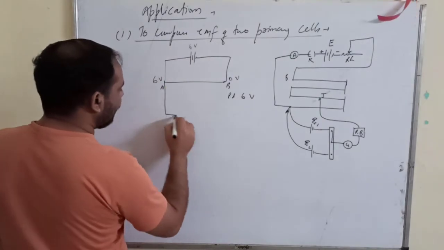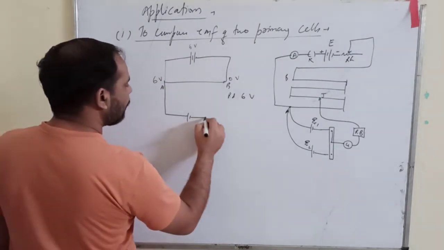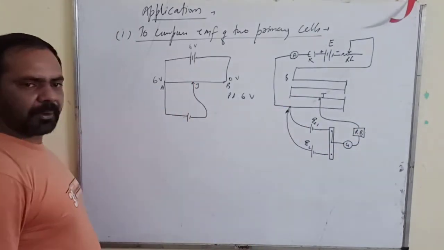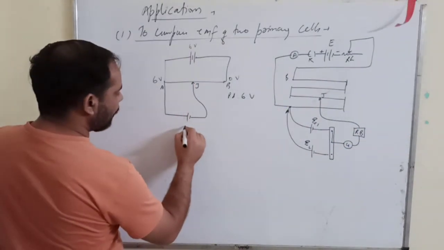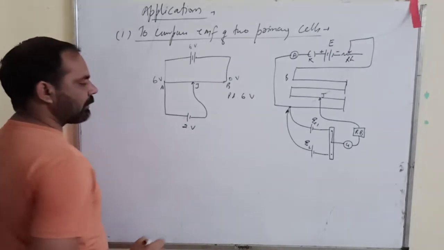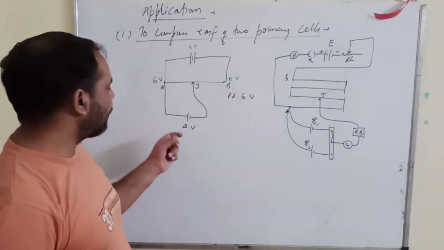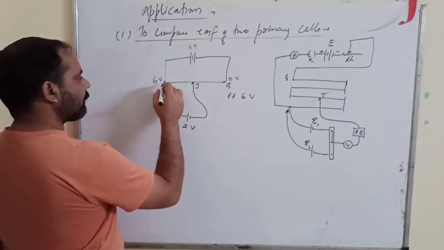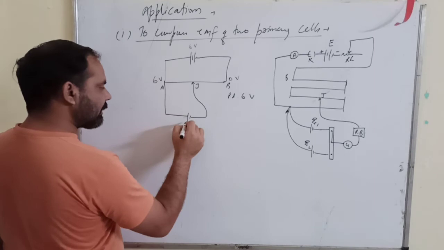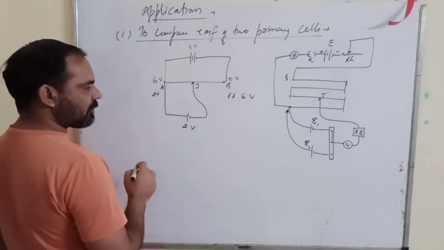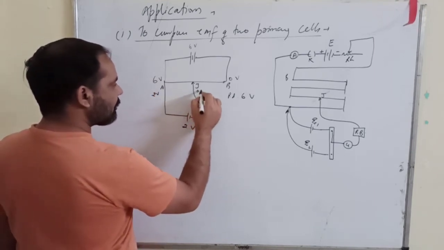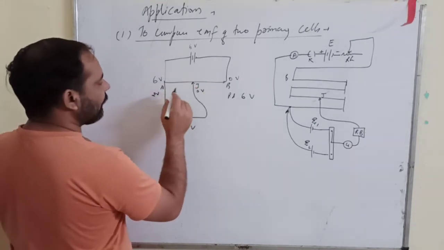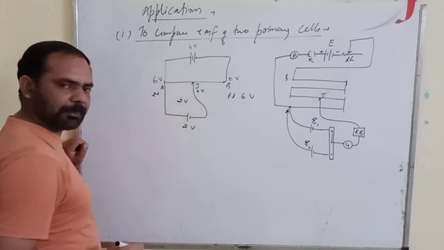Now you connected another cell and you connected it with the jockey, this part. Now suppose this is your 2 volt battery. This is a cell with EMF 2 volt. Now what will happen? This end according to this battery will be at 2 volt potential, and the jockey is at 0 volt potential. Means wherever you touch, that will apply a potential drop of 2 volt.